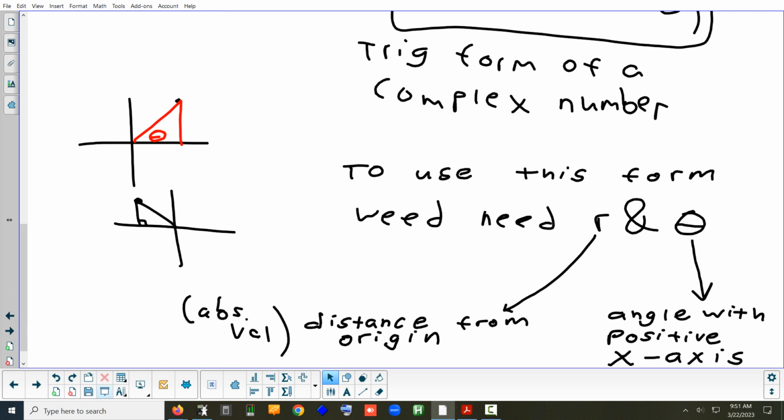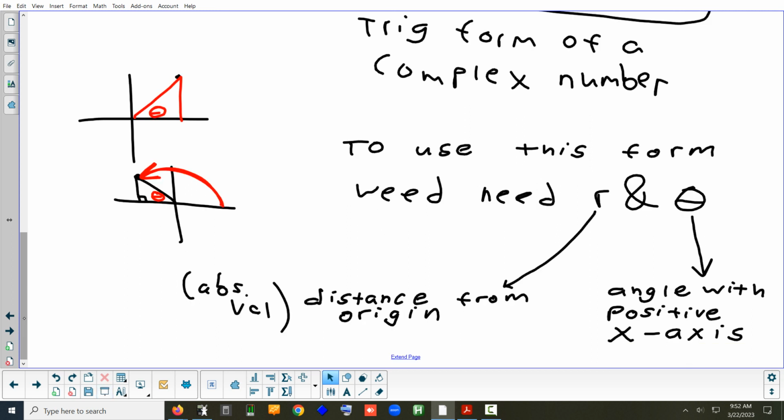The angle that you want is this. You're probably going to find this first, which is fine. But then you really need to find the angle with the positive x-axis. So you're always measuring from here all the way to your point.